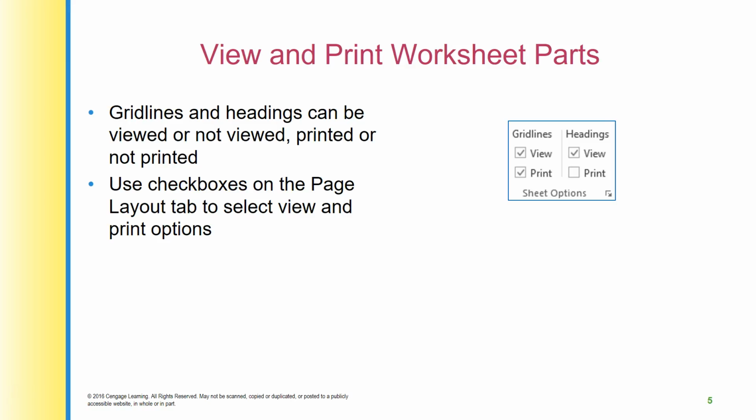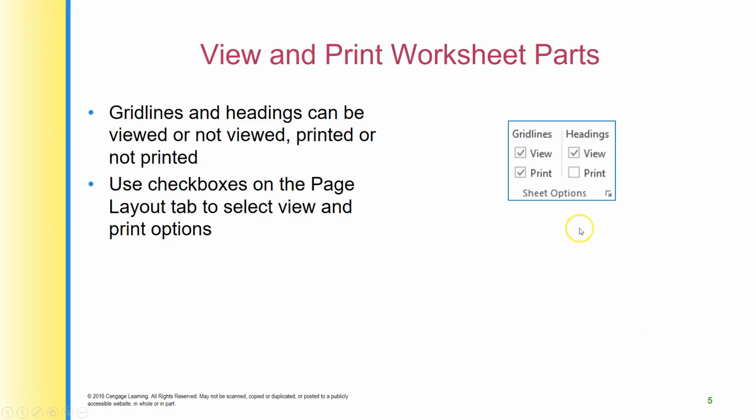So grid lines, cell borders, and headings, row numbers and column letters, may or may not be viewed on the monitor or printed on a worksheet. The default settings are to view the headings on the monitor but not print them. Therefore, if you want to print the grid lines or headings, you will need to check the appropriate print checkbox shown in figure 11.4.